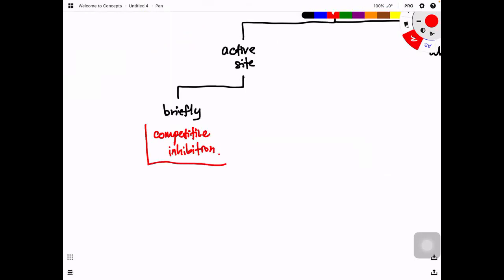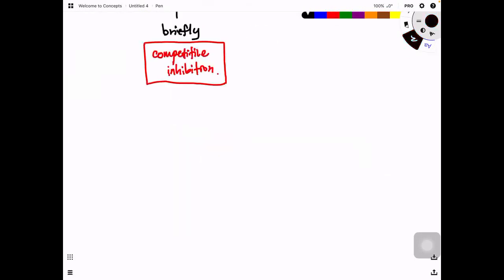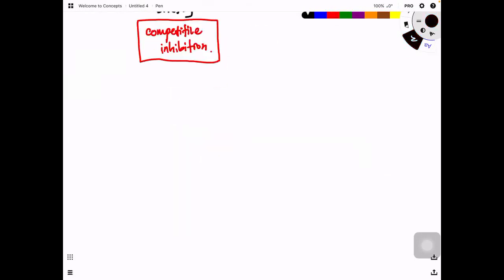Competitive inhibition. Why competitive? Now look at this. This is my enzyme, and this is my substrate. The substrate can bind, and the inhibitor can bind. Because the inhibitor binds briefly, the inhibitor can come out. When the inhibitor comes out, the substrate can rush in. Can you see that?